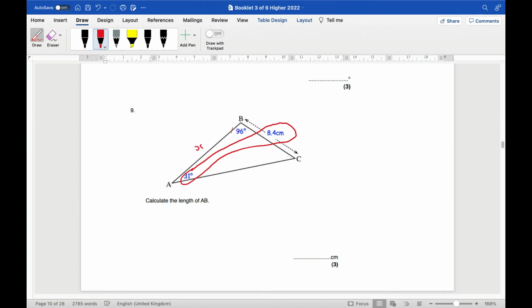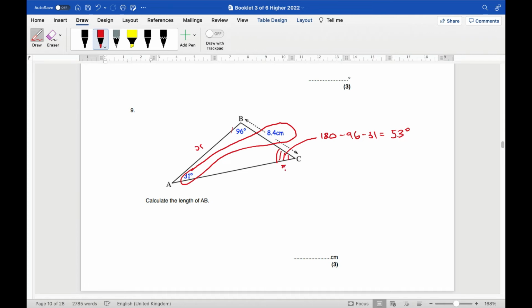But, doesn't help me. But like I said, whenever you know two angles, you can work out the third. That is 180 take away 96 and also take away 31, which is 53, I think, just double check that because I'm rushing you.